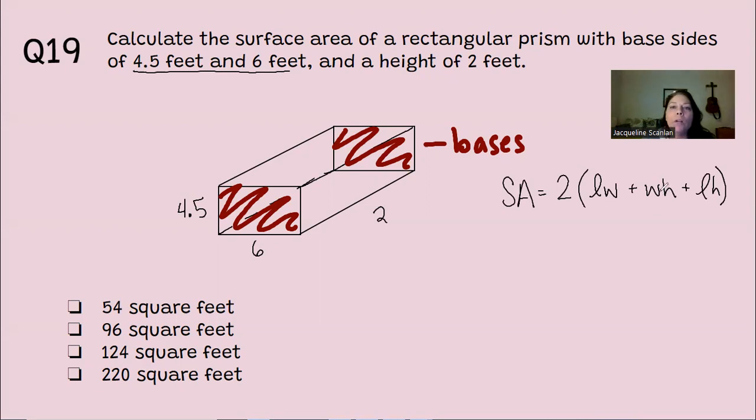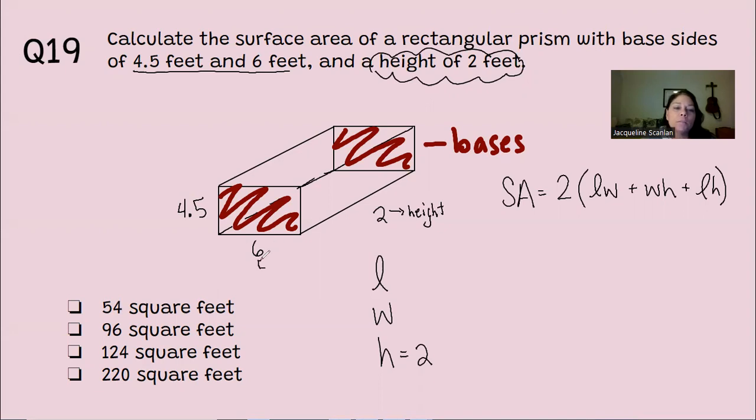The first thing I'm going to do is identify what each letter means. All right, so the length, the width, and the height. And here's the easy part. I know the height because it gives it to me. It tells me that the height is 2 feet, so I know my h is 2. That means this is the height. And here's the good news. It doesn't matter which one's the length or the width, just so long as I call one length and I call one width.